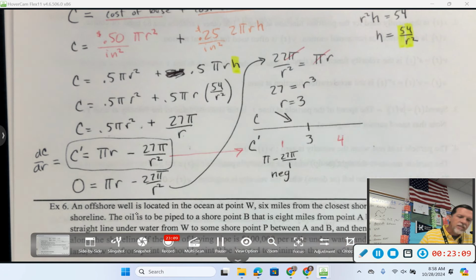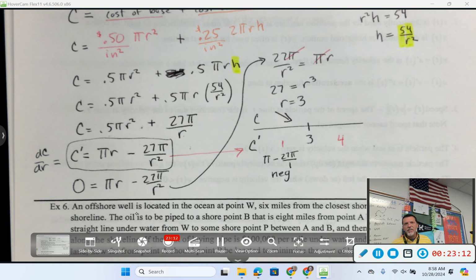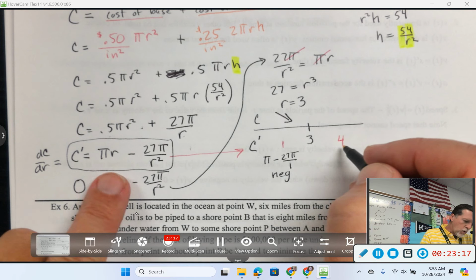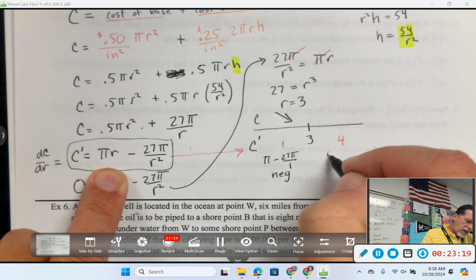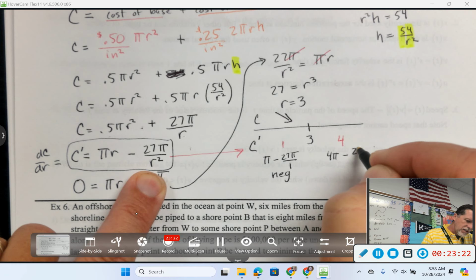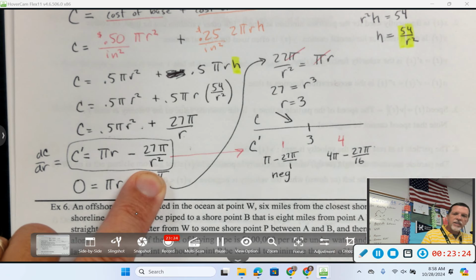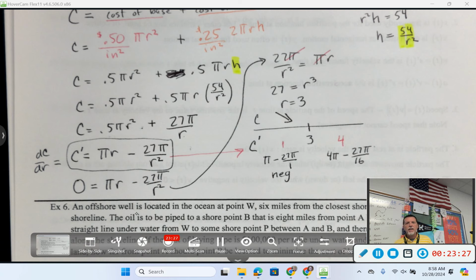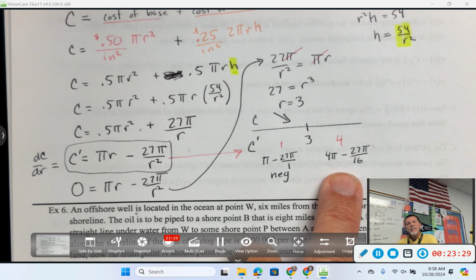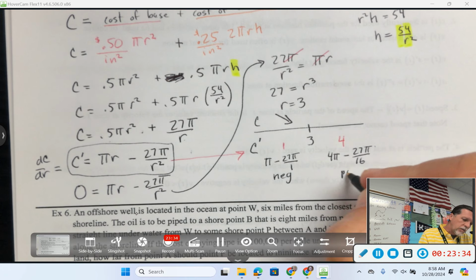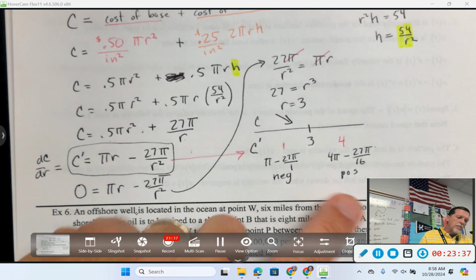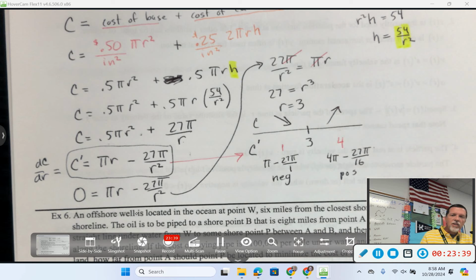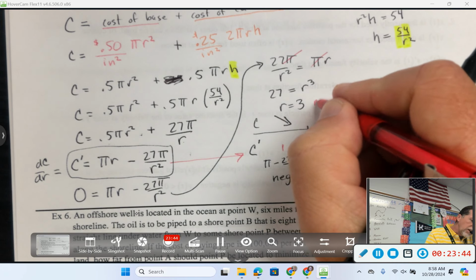So my cost is decreasing there. If C prime is negative, then C is decreasing. If I plug in 4, I get 4 pi minus 27 pi over 16. And again, I don't know what 27 pi over 16 is, but 27 over 16 is less than 4, so this is positive. If C prime is positive, C is increasing, which means r equals 3 is a minimum.